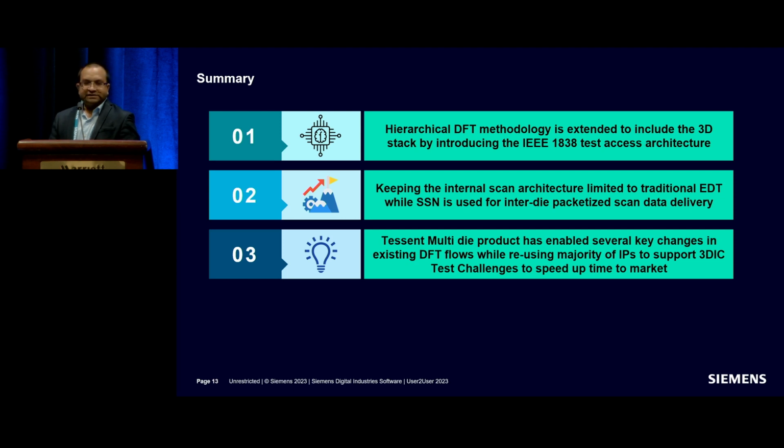And we use SSN for the data transfer between the dies. And like I mentioned, Tessent MultiDie has enabled us to make key changes, which are necessary to support the 3D designs, and still reuse a lot of our test infrastructure and IPs, and still achieve our goal to bring the product into the market.